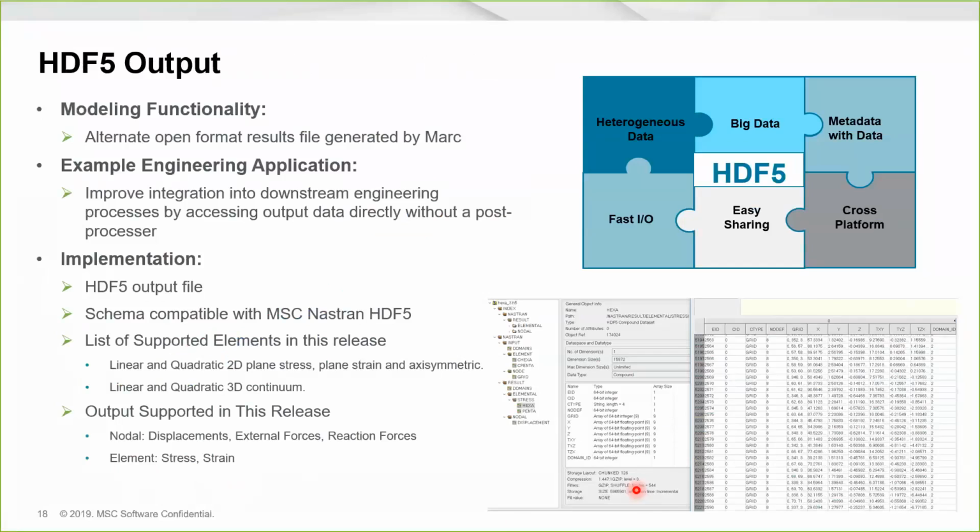So in the bottom right, that's the HDF view, which is a freely available application. And you can actually look into the results and different aspects of the model that previously would have been very difficult to do, might even have required you opening it up in Mentat or Patran or a third-party post-processor. So really, this is about making sure that you have access to the data you want and you can use that data how you want.